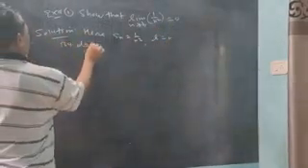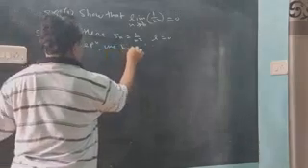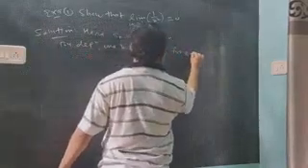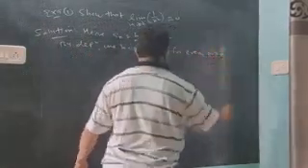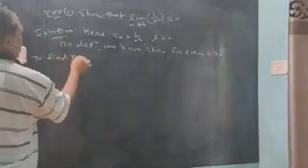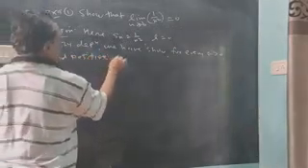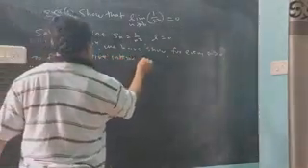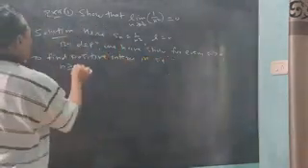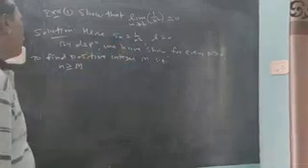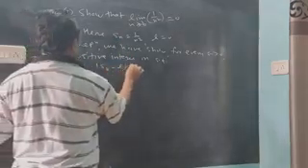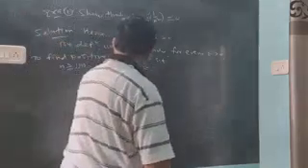By definition, we have to show that for every epsilon greater than 0, there exists, or we have to find, a positive integer m such that for n greater than m, mod of S_n minus l is less than epsilon.